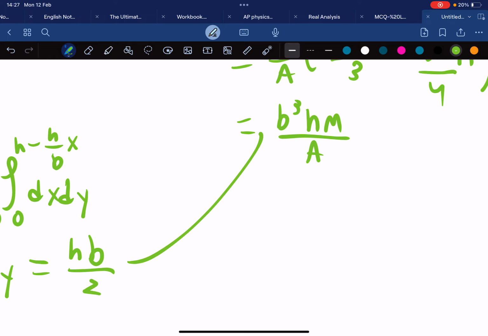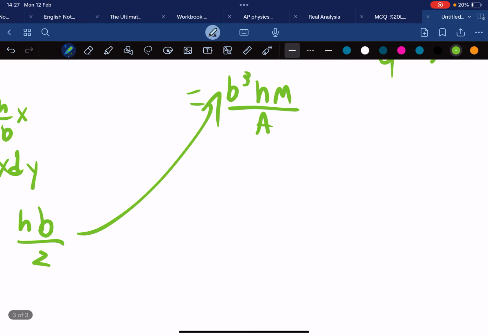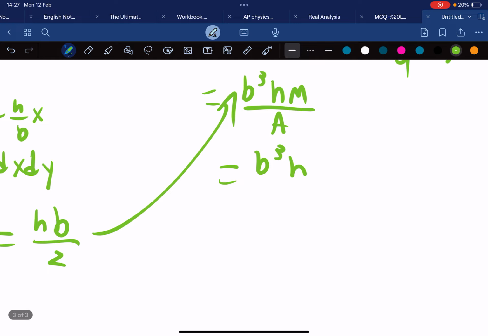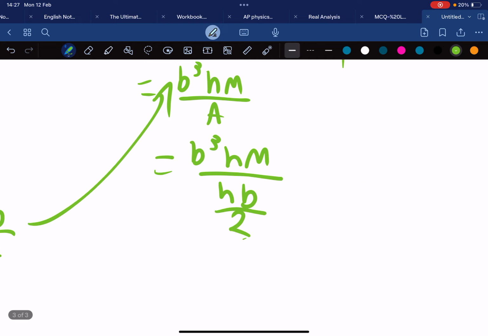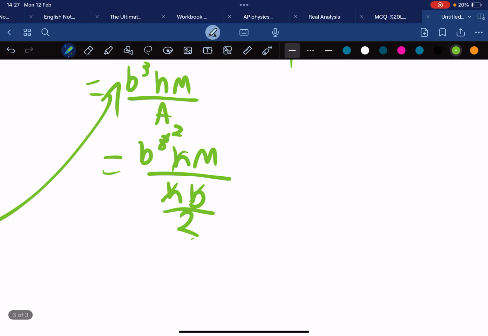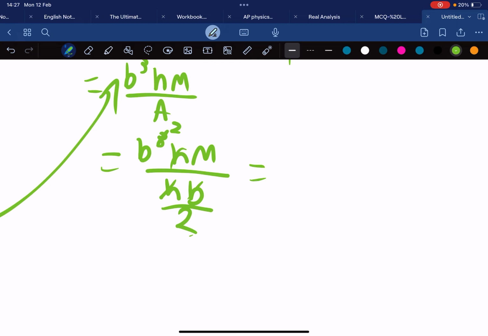Then we can substitute that into this equation right here. This equals b cubed h m over A, and A is just going to be h b over 2. So the h's cancel and we bring the 2 over here.